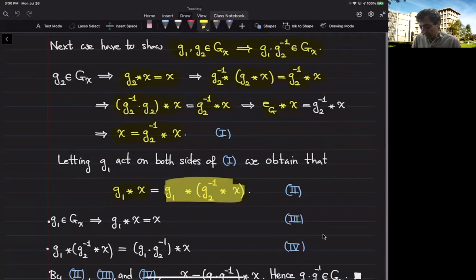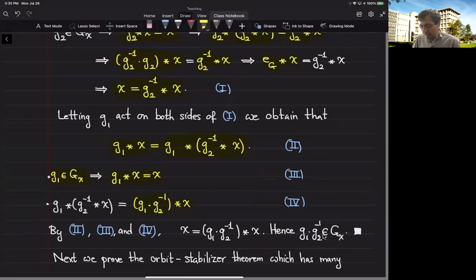So this side is simply G1 times G2 inverse acting on the point X. How about the other side? It is simply X, because G1 is in the stabilizer subgroup of G with respect to the point X, so G1 star X is equal to X. Altogether, we deduce that X is equal to G1, G2 inverse star X. That means this element of the group stabilizes the point X, so it does belong to the stabilizer subgroup of G with respect to X. And that completes the proof of this lemma.